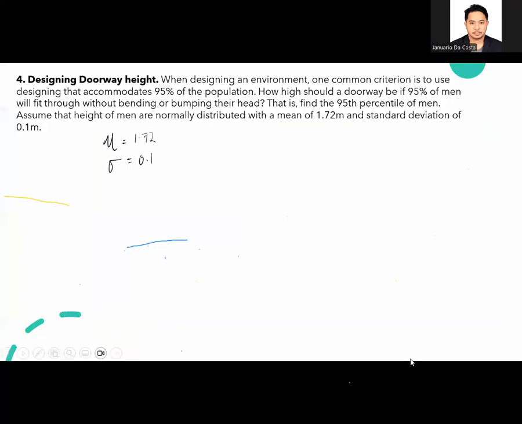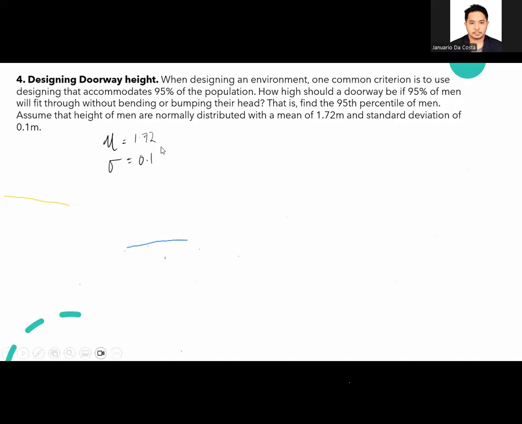So we have the mean of 1.72 meters and the standard deviation of 0.1 meter.